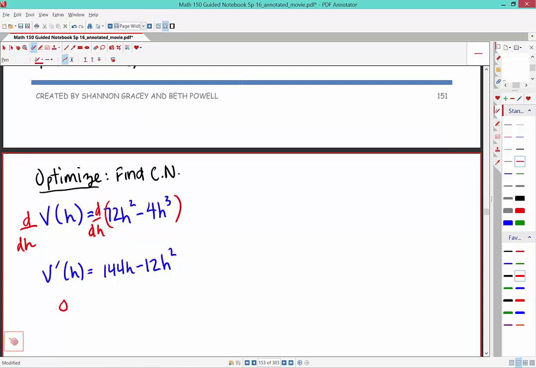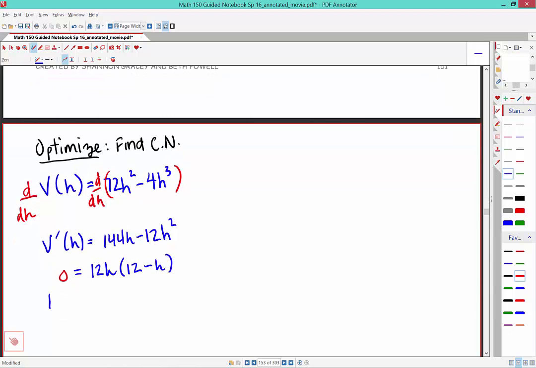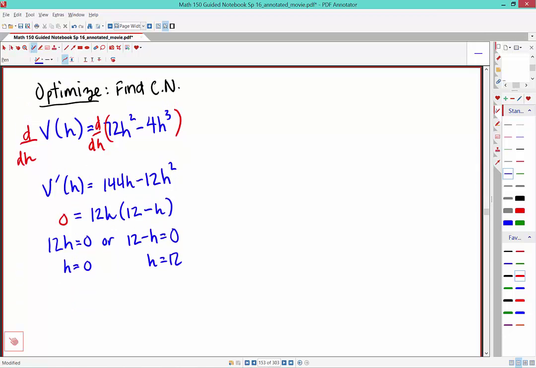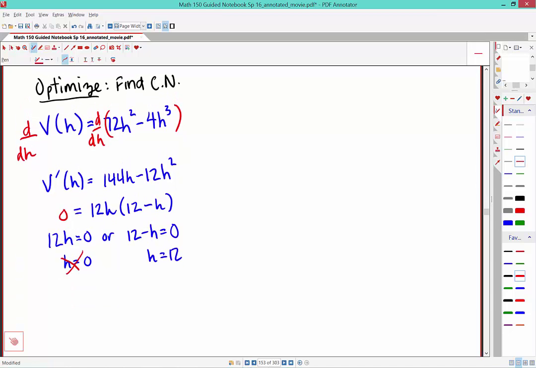Finding the zeros, we can factor out a 12h and we get 12 minus h remaining. So 12h is 0, or 12 minus h is 0. We would get h is 0, or h is 12. So this one is not included in the domain, so our critical number c is 12 inches.